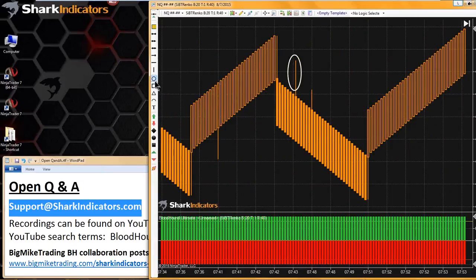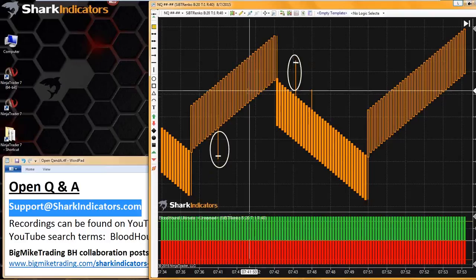Now this is something that you won't be able to backtest on a static bar. The only way you could backtest this is with market replay, because he wants to get in at that pullback price there, right?